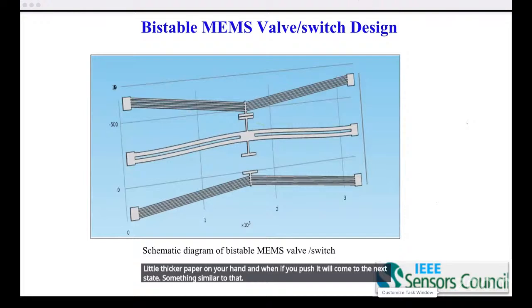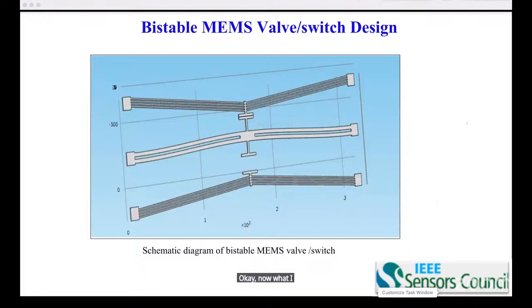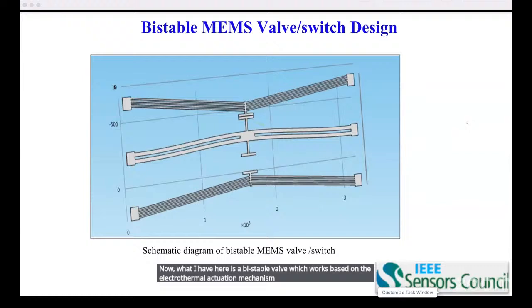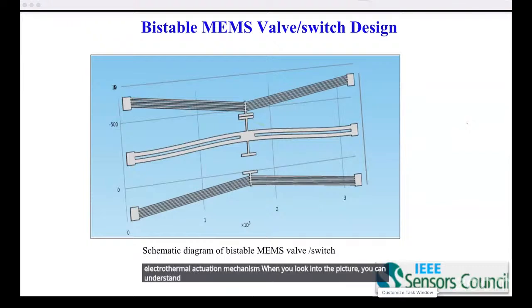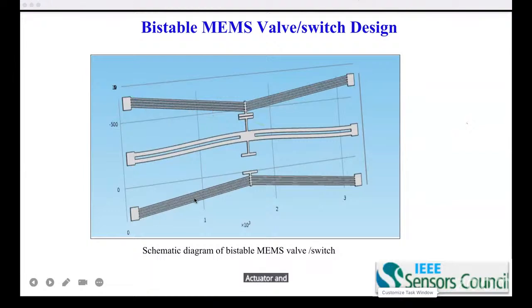Now, what I have here is a bistable valve, which works based on the electrothermal actuation mechanism. In the picture, you can see that the V-beam actuator and the curved beam mechanism are combined to form this structure. This is a V-beam actuator, this is another V-beam actuator, and this is a simple curved beam.